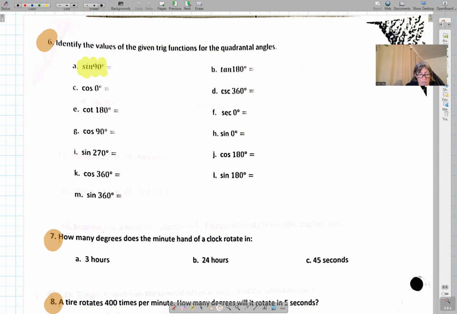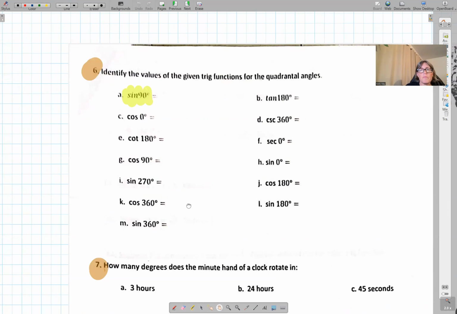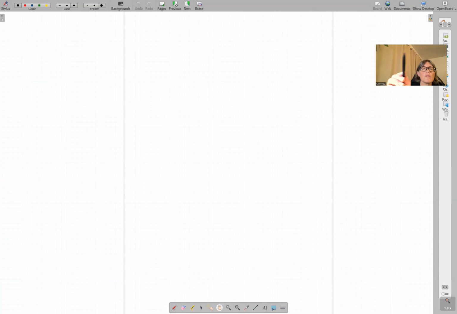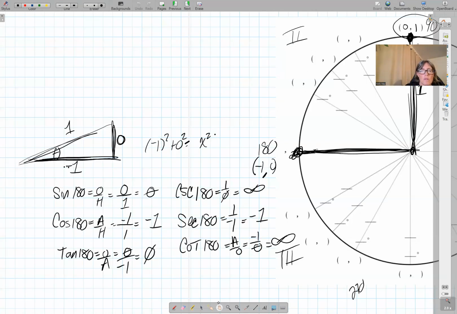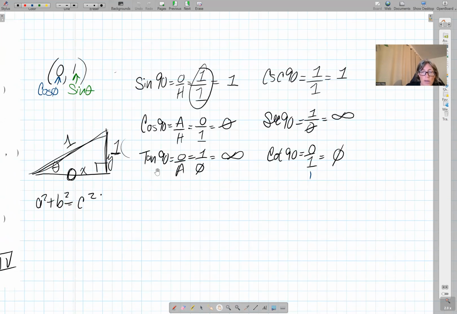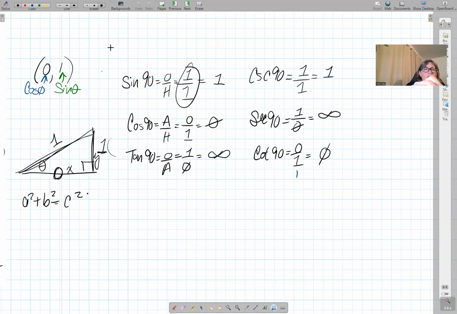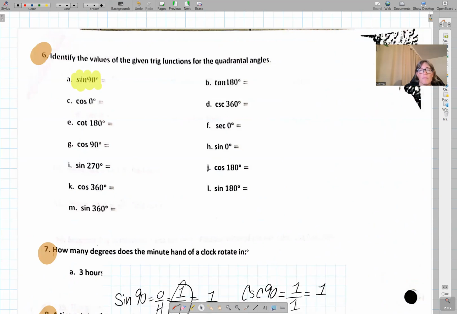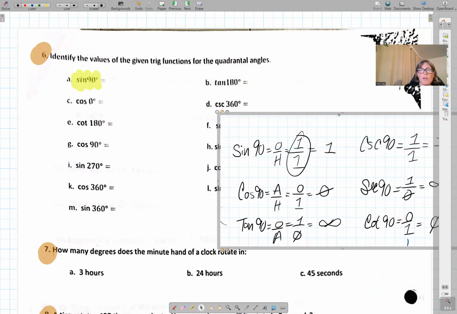So the sine of 90, we already figured out, is right over here, the sine of 90 is 1. I'm going to do all the 90s here while we're here.